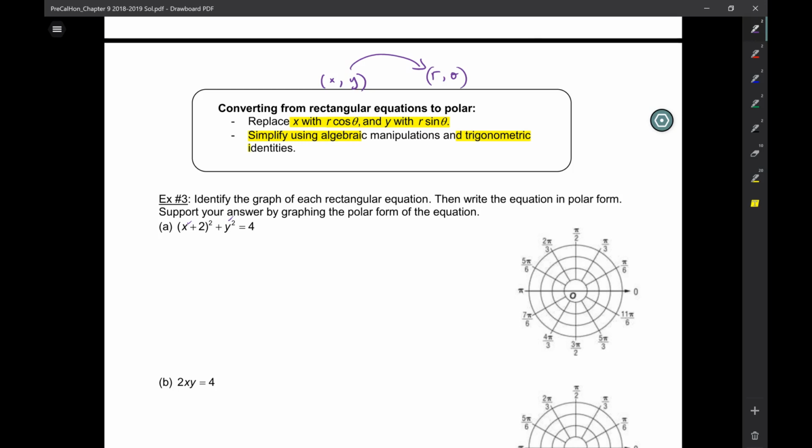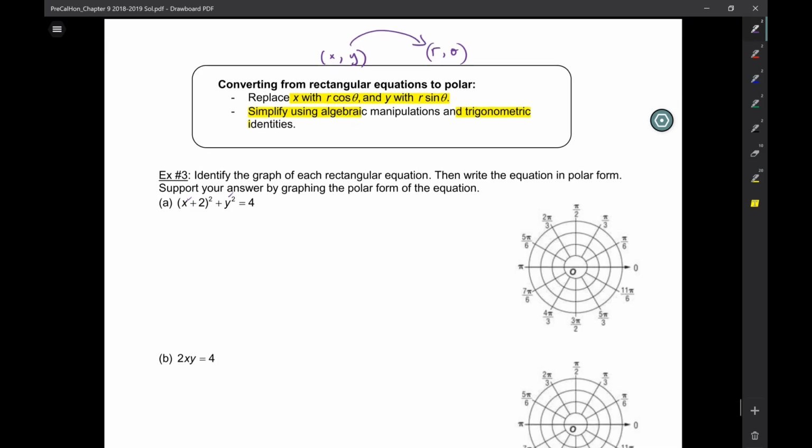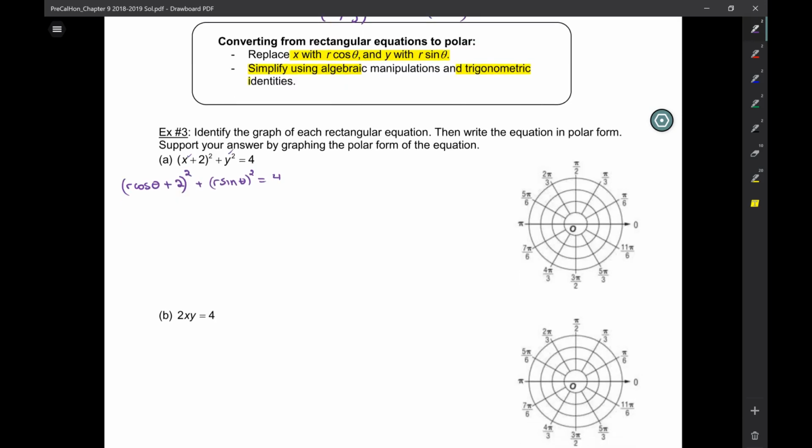Now we have to go to polar form. So we're going to replace x with r cosine theta plus 2, squared. So far I've done no math. Plus y is r sine theta squared equals 4. Okay, now let's do some algebra.